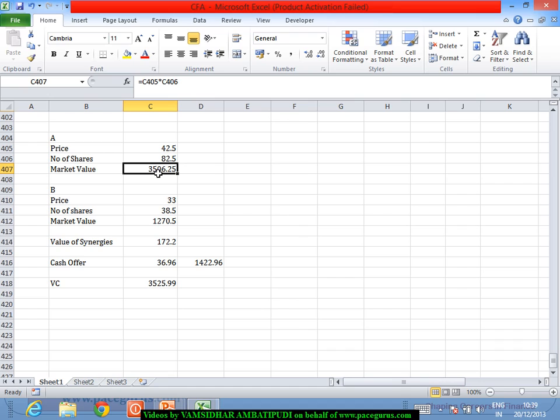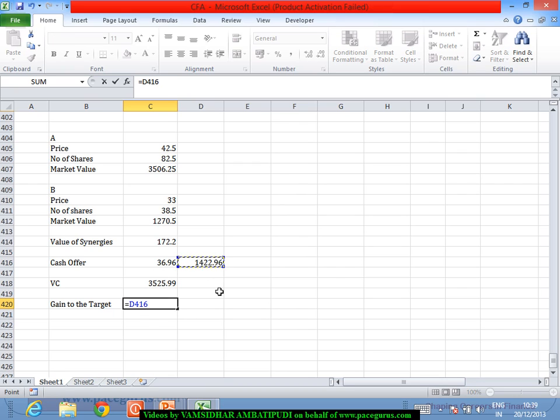So all I can look at is what is the gain to the target here. How much is the target firm gaining? Whatever is the price they have received, whatever is the cash they have received over their market value.